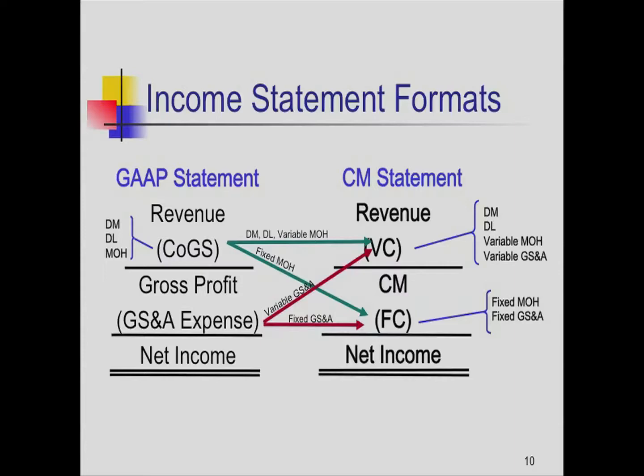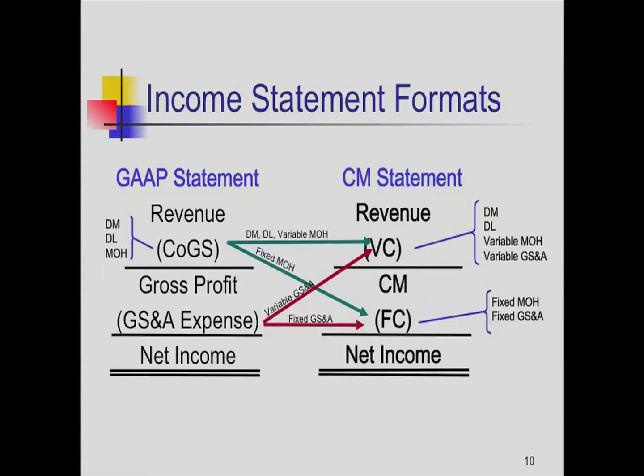In a contribution margin format income statement, which is the type you'd be working with for your break-even analysis and your cost volume profit analysis, you would be splitting your costs not by function but rather by behavior, in the two components that we've been talking about, variable and fixed.